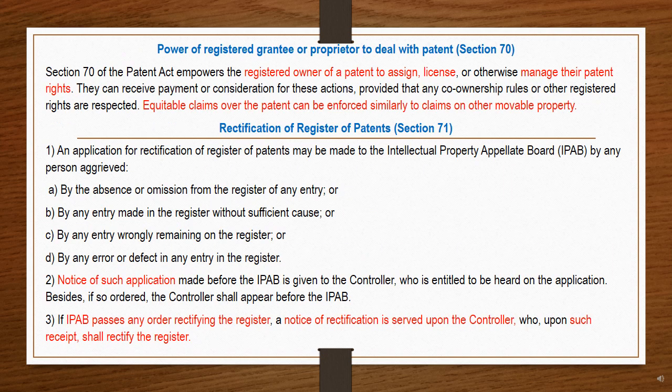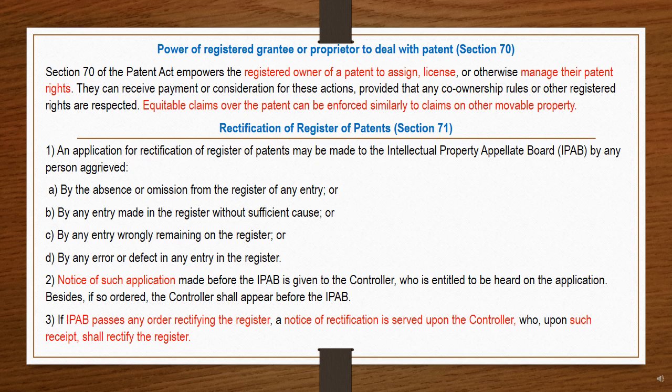Next, section number 70, power of registered guarantee or proprietor to deal with patent. In that, section number 70 of Patent Act provides the registered patent owner with the authority to assign the patent rights, license the patent to others, and manage or transfer the patent rights in other ways.